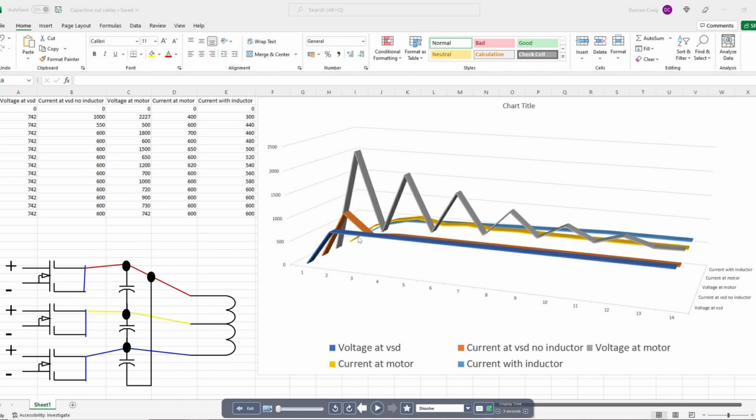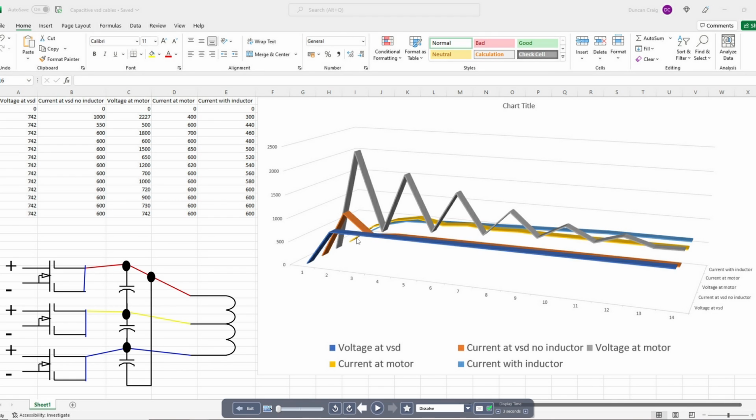Now that's current flow through your IGBT while it's switching. So note the big difference that it has on the IGBT and the resultant heating of your IGBT during switching. Because most of your IGBT losses are during this period when the switching happens. So if you haven't got inductance and you've got long motor cables, big problems.